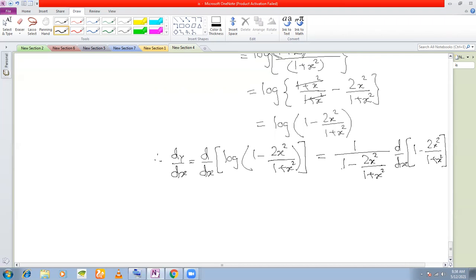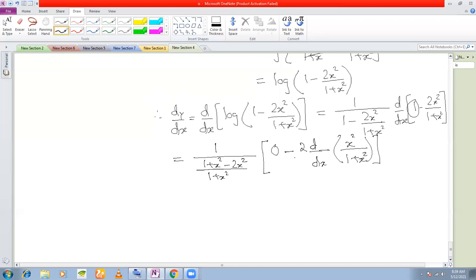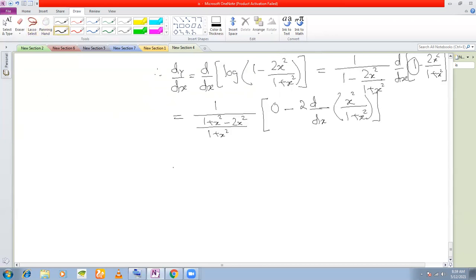Now you simplify, you take LCM in the denominator. And now you start differentiating this. d/dx of 1 will become 0, minus, and then you have twice d/dx of, because 2 is a constant, you can take it out. Did you understand this step? Yes, sir. Okay. So now you have x square by 1 plus x square.